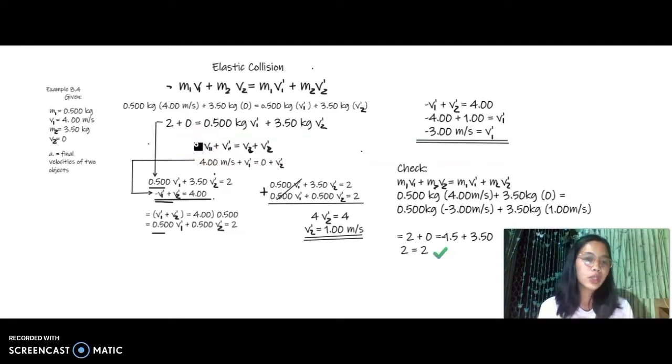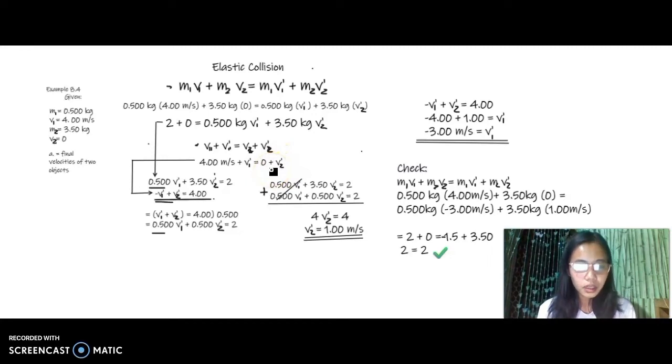So we're going to use this formula, v1 plus v prime 1 equals v2 plus v prime 2. And we're going to substitute the given to the formula here. So we're going to have 4 meters per second for the velocity 1, and we're just going to copy the v prime 1 here, and v2 is 0, and we're just going to copy the v prime 2 here.